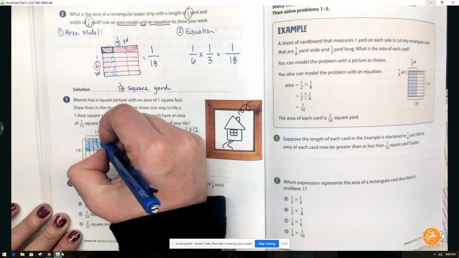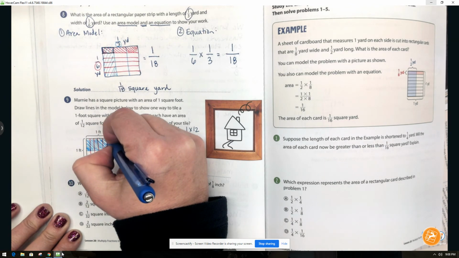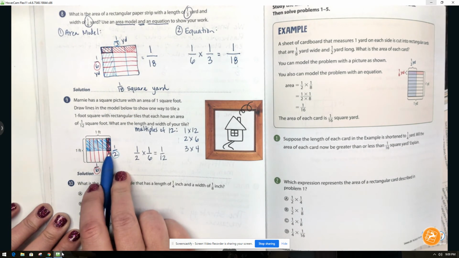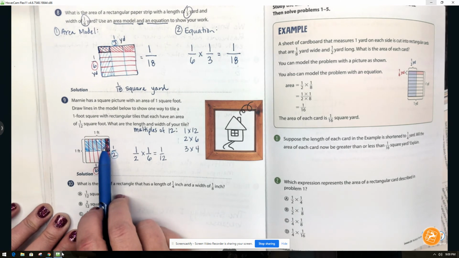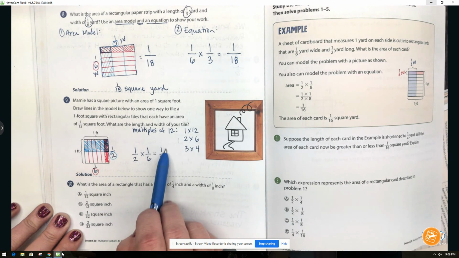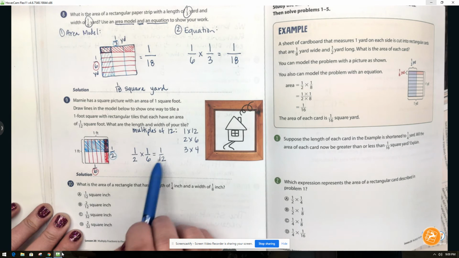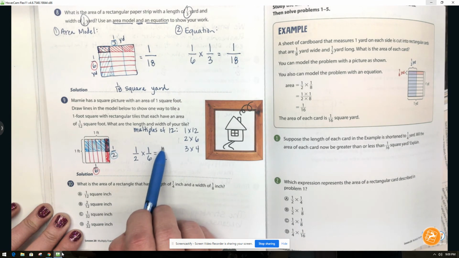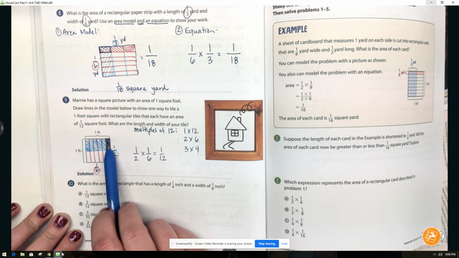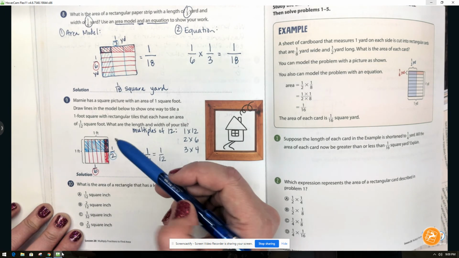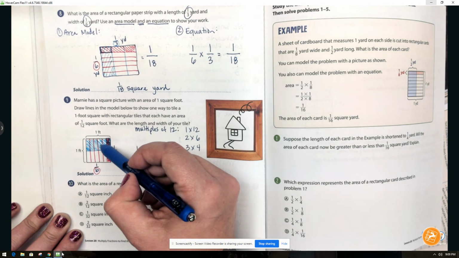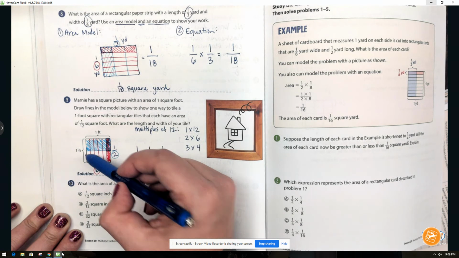And then our overlap is the answer. And to double check our work, we have one of the equal parts that is our numerator, that is the overlap. And then how many parts do we have all together? 1, 2, 3, 4, 5, 6, 7, 8, 9, 10, 11, 12.